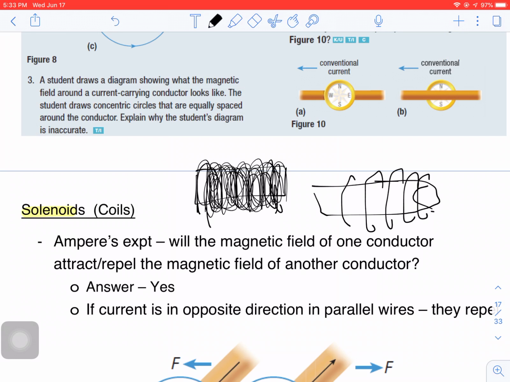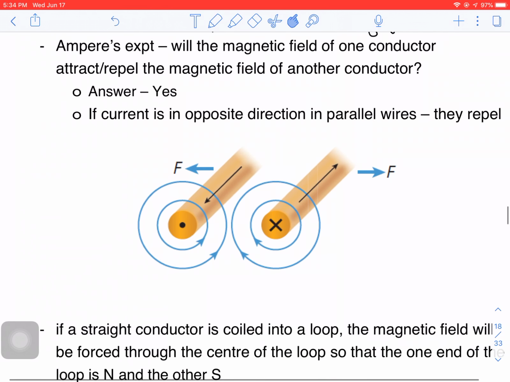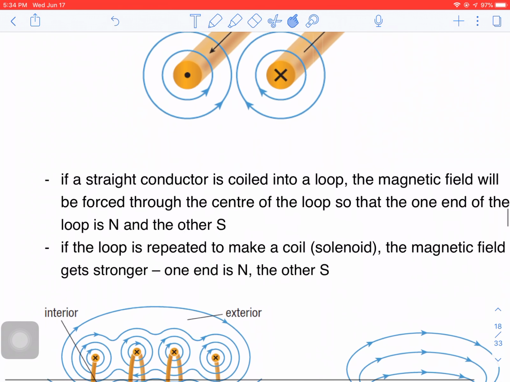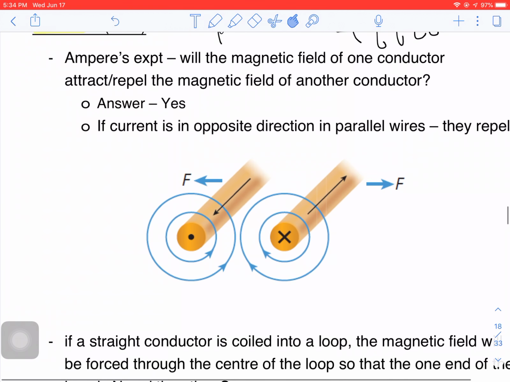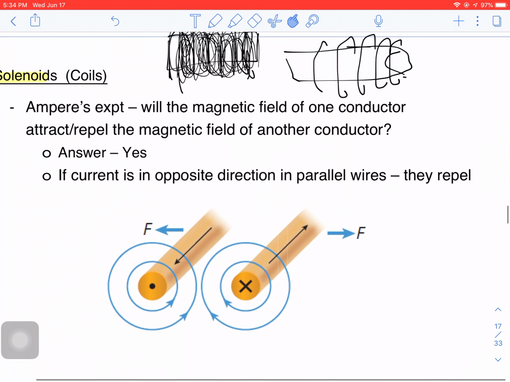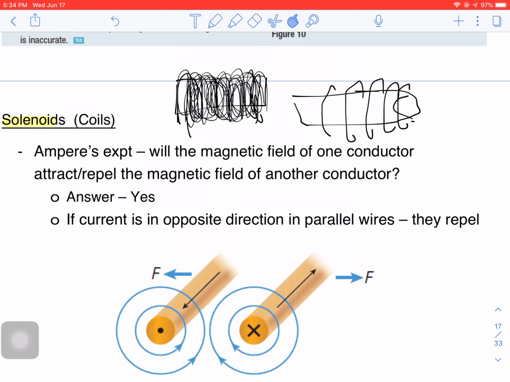So what happens in a coil is I generate a magnetic field. Okay, so let me take a step backwards here. A coil is just looped wire. So let's just look at what happens here.